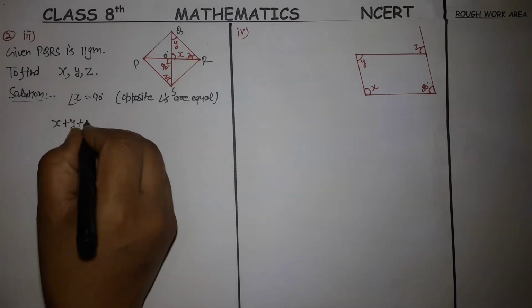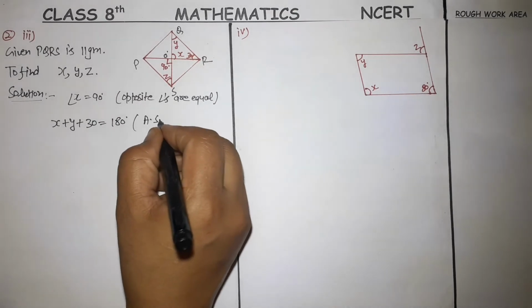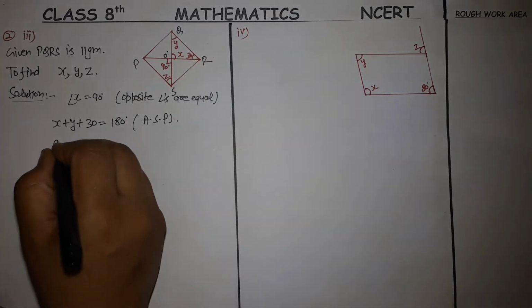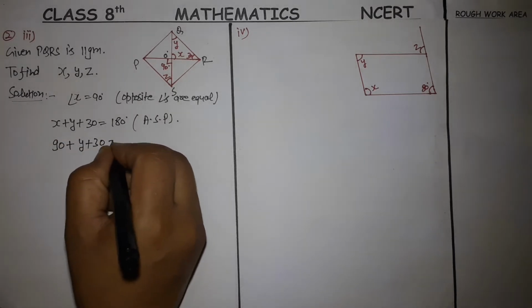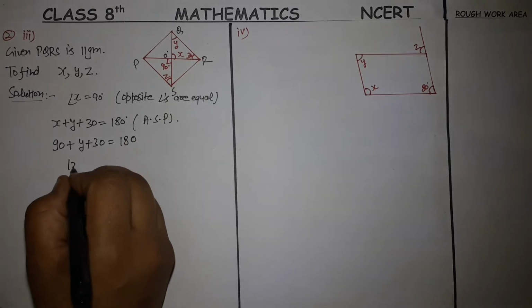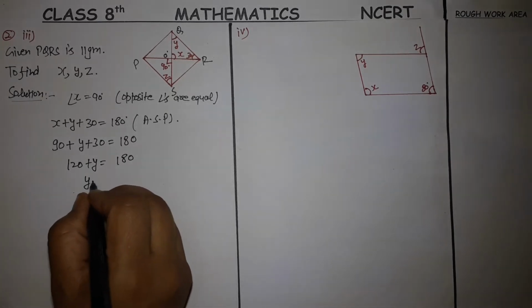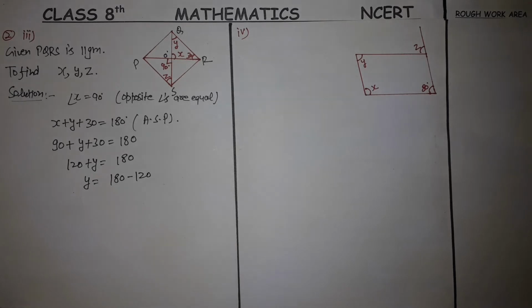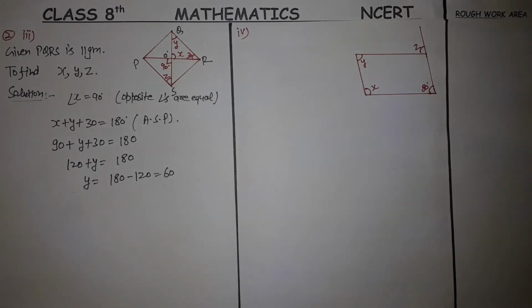Angle X plus Y plus 30 equals 180. Reason, angle sum property of triangle. Put the value of X as 90: 90 plus Y plus 30 equals 180. 120 plus Y equals 180. 120 goes to the right-hand side. Angle Y is 60 degrees.